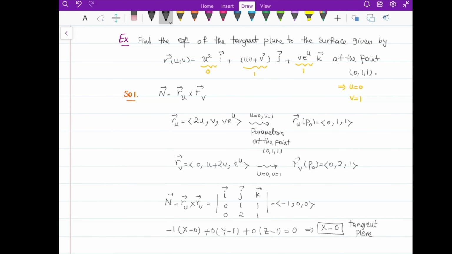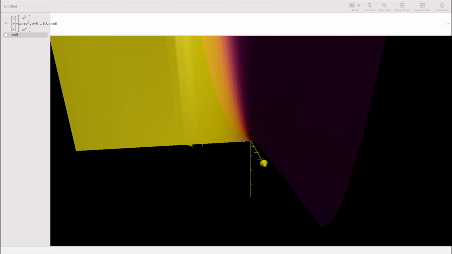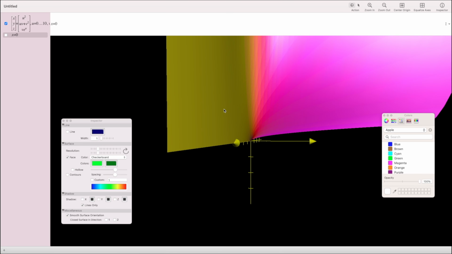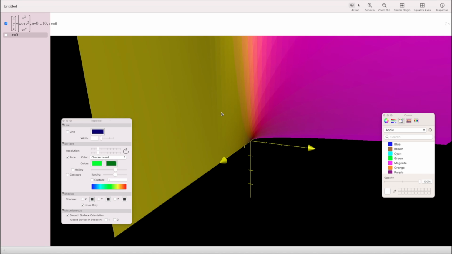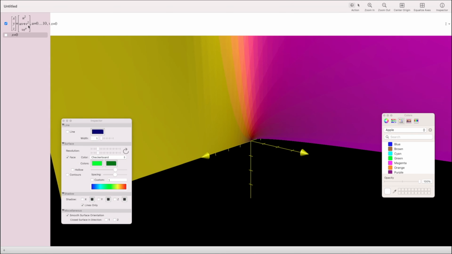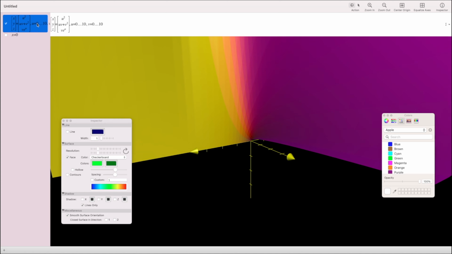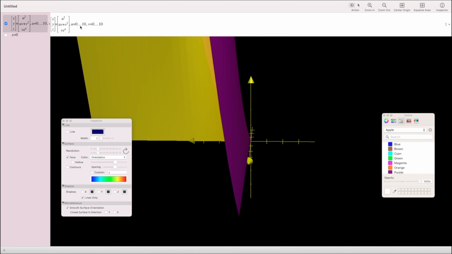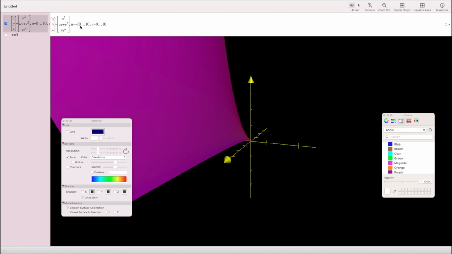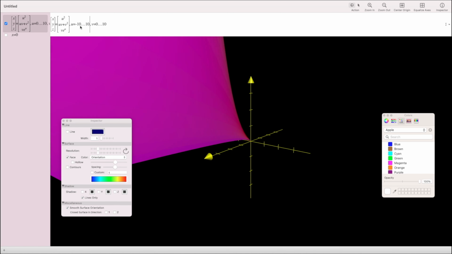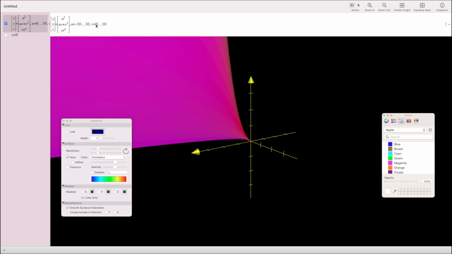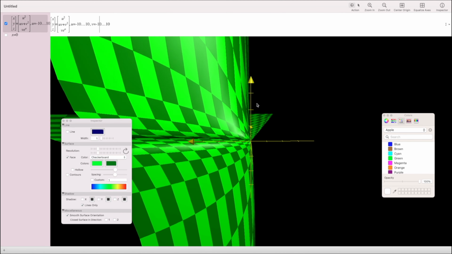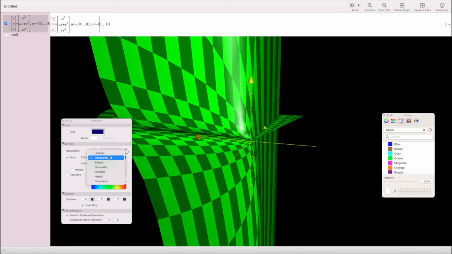Okay, let me show you the graph. So you see, this is the parametric equation of the given surface. If I want to change it, for example, let me change it from negative 10, so that I have a better approximation of the shape.